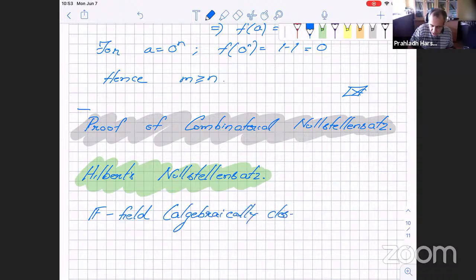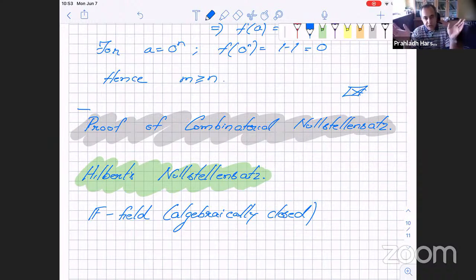What do I mean by algebraically closed? That is, if you take any polynomial over this field, it has a root. For example, the rationals are not algebraically closed because x squared plus 1 does not have a root there. The complexes are algebraically closed.